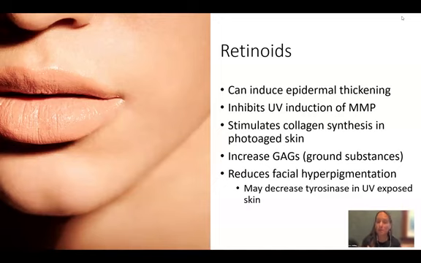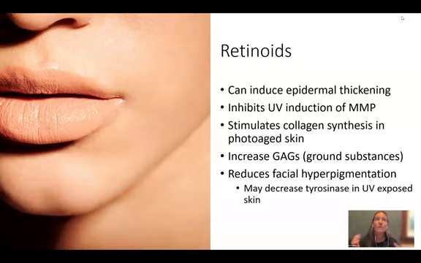And that's what happens when we start to get a little bit older, which is another benefit of retinoids. Retinoids can actually stimulate collagen synthesis in photo-aged skin. They can increase those GAGs, or ground substances, GAGs being an acronym for glycosaminoglycans. And they can reduce facial hyperpigmentation.